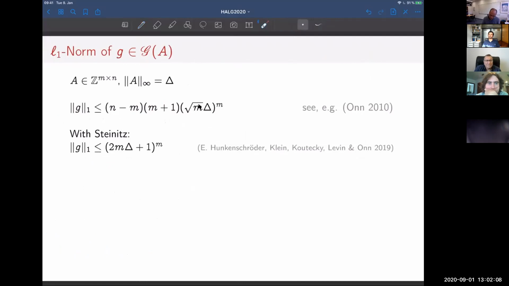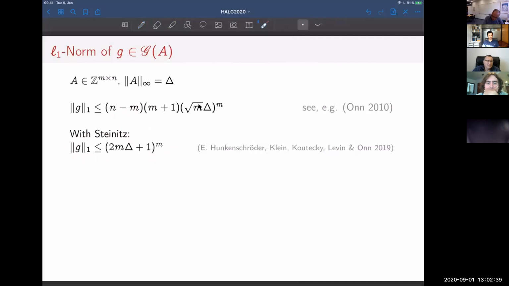Now, it can be shown that the one norm of an element of a Graver basis is rather small. The previous bound, for example, mentioned by Shmuel in 2010, says that the one norm of an element in the Graver basis could potentially depend on the number of variables. But with Steinitz, we of course get this upper bound here.